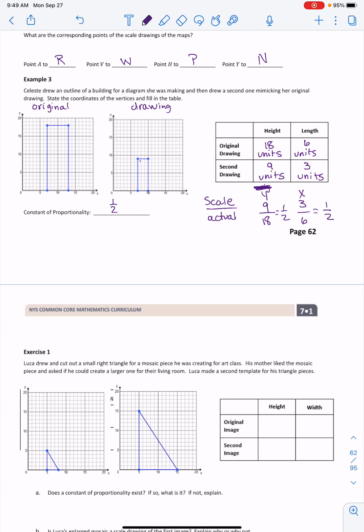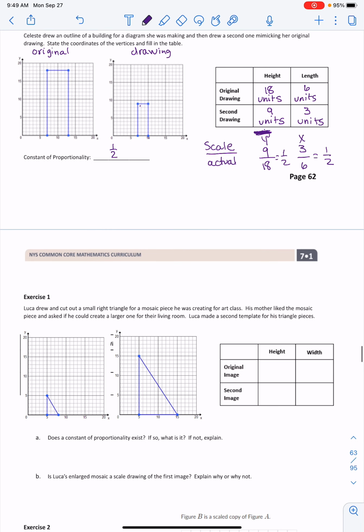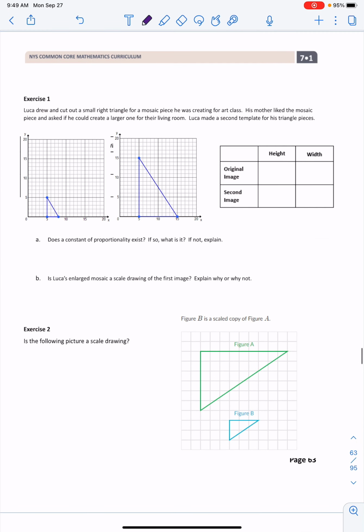So now, exercise 1. Luca drew and cut out a small right triangle for a mosaic piece he was creating for art class. His mother liked the mosaic piece and asked if he could create a larger one for their living room. Luca made a second template for his triangle pieces. And here it is. So here we have the original.